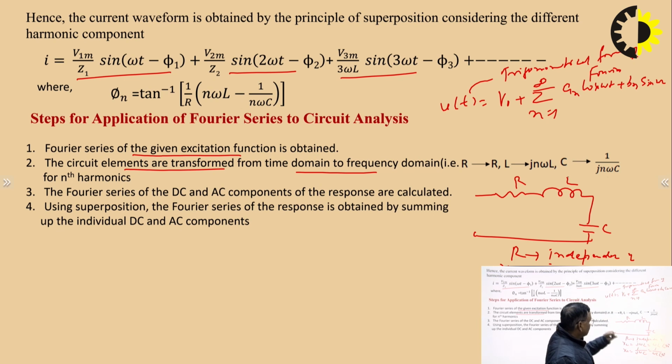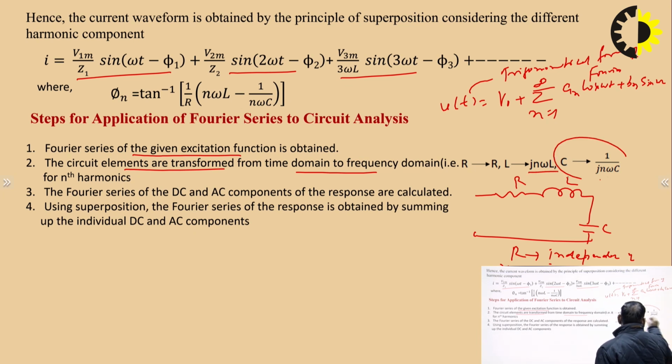R is R, independent of frequency, L is j omega L and C is 1 by j omega C, or for the nth harmonic, n omega L and 1 by n omega C.